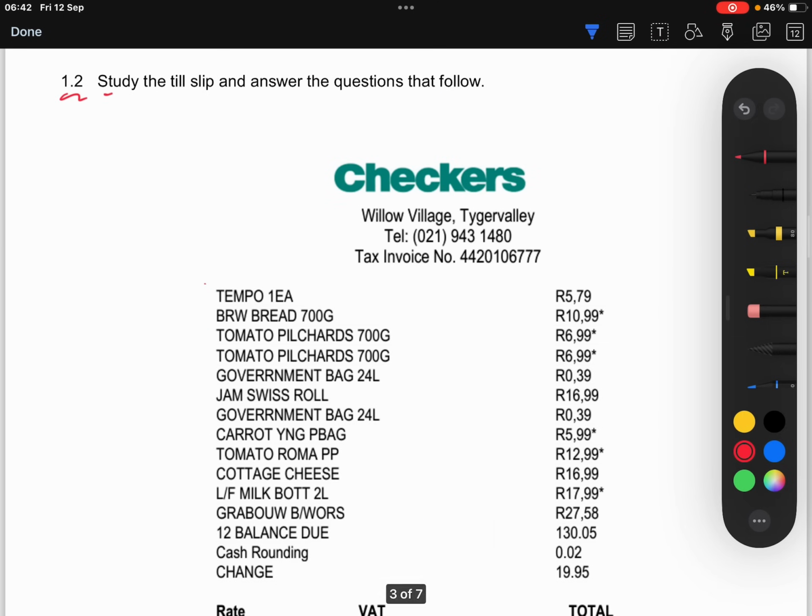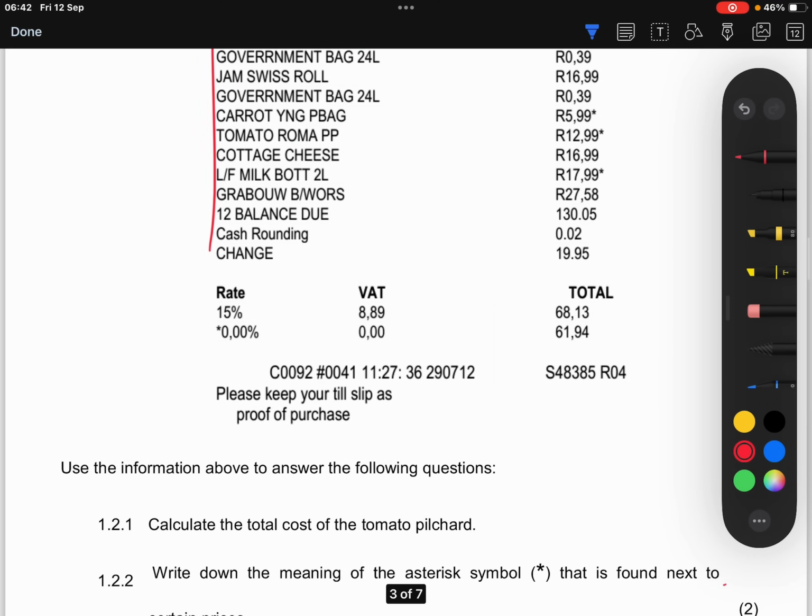1.2, it says study the till slip and answer the questions that follow. This is a checkers slip. This is the address, the phone number, the tax, and these are the items that were bought, right? And then it says the 15%. That means this is the VAT. And then a 0% means it's VAT free.